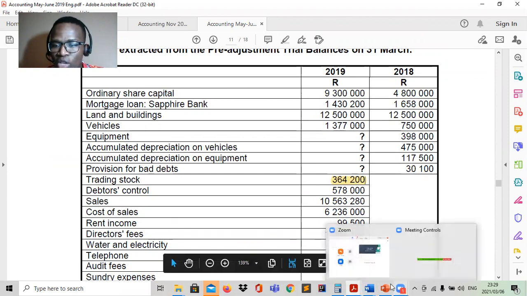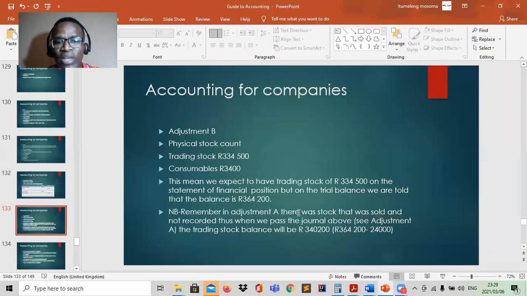But when they were doing the physical stock count, remember I covered that the physical stock count is a control we put in place to make sure that the trading stock you see on the financial statements agrees to the trading stock on the floor or in the storeroom or whatever location it is, right? In this location, they say the value of trading stock is 334,500, whereas your trial balance is 364,200, right?